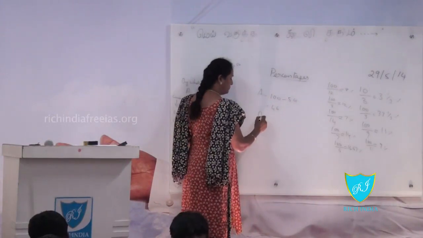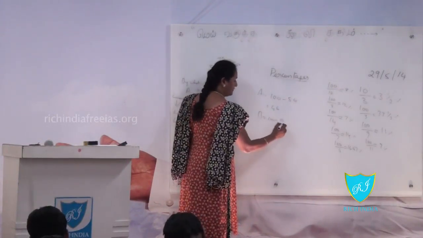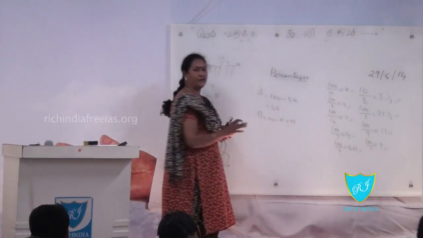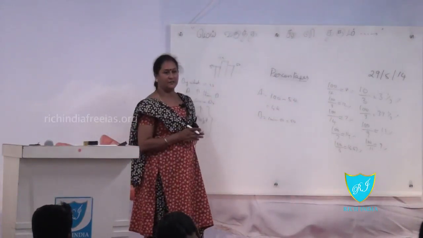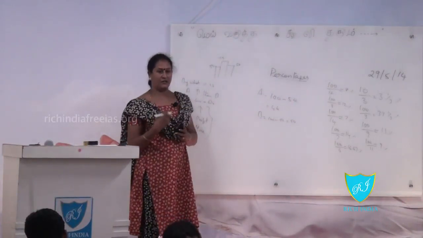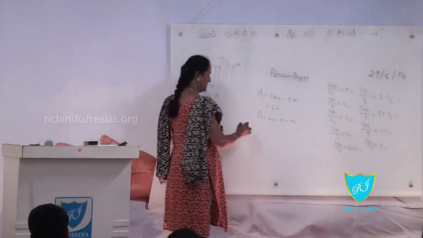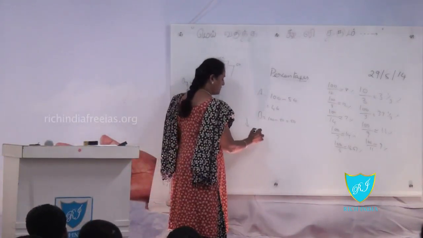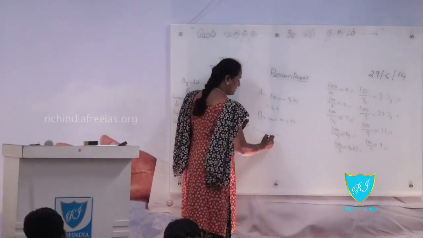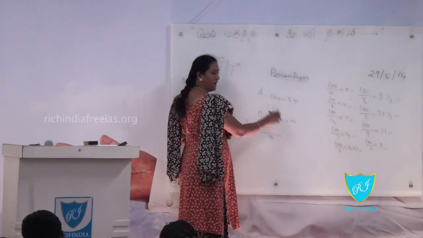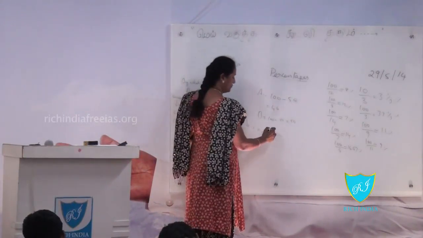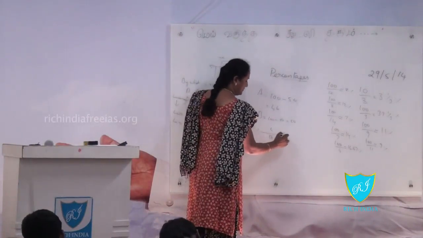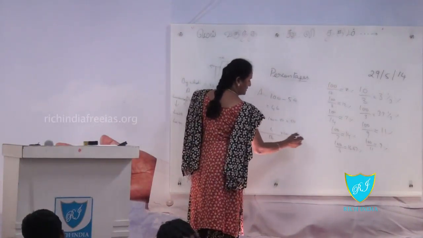And the B value is 50. You are asked to find the increase or decrease percent. They have given less, so less means decrease percentage. For a decrease percentage you write the higher number in the denominator, and the difference is 4 into 100. So it is 8%.